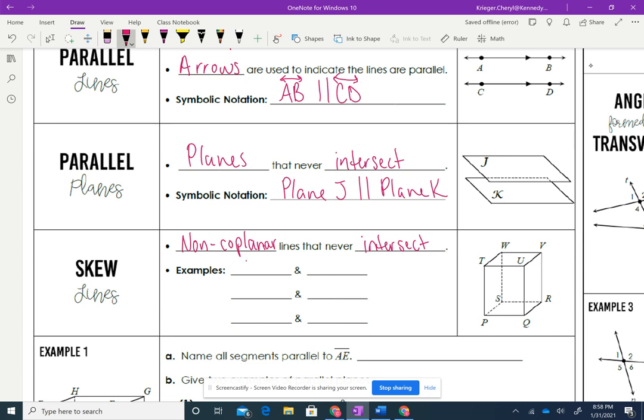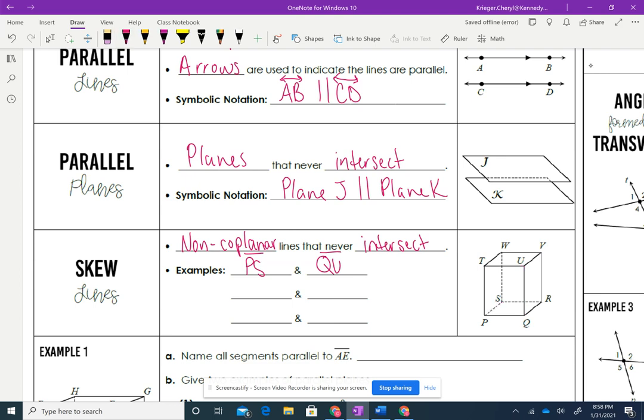If we chose line segment PS, and don't draw this on your picture, PS would never intersect and is not parallel to QU. Those are on completely different planes. They will never intersect. So segment PS and segment QU.